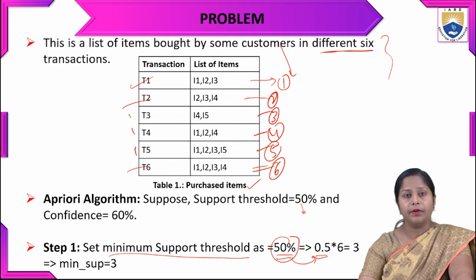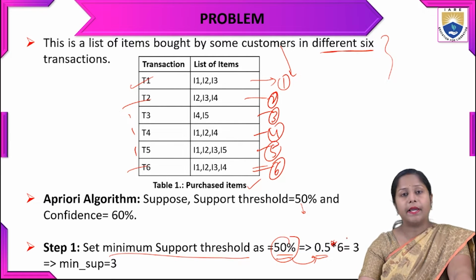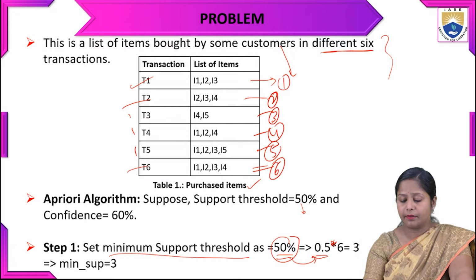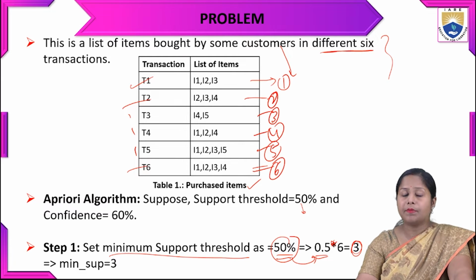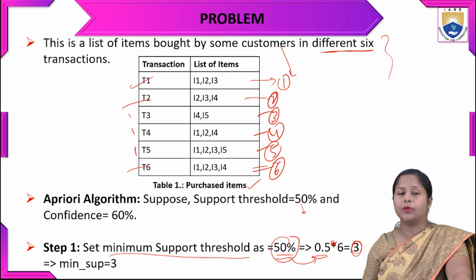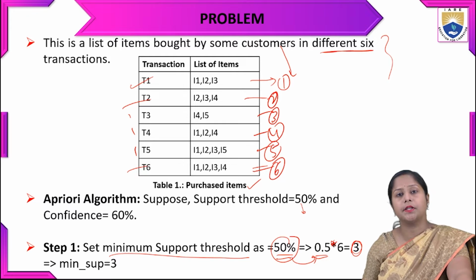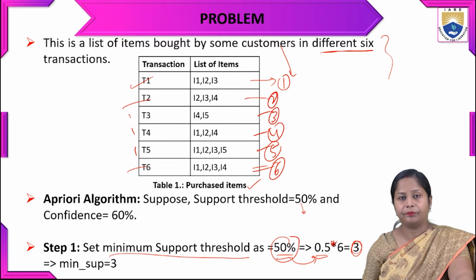The 0.5 is multiplied by the 6 transactions, which gives 3. So the minimum support count will be 3. That was the first step of the Apriori algorithm.